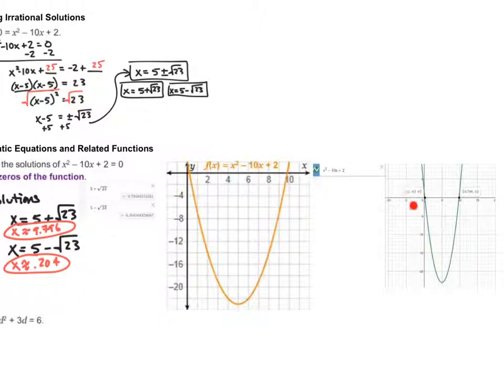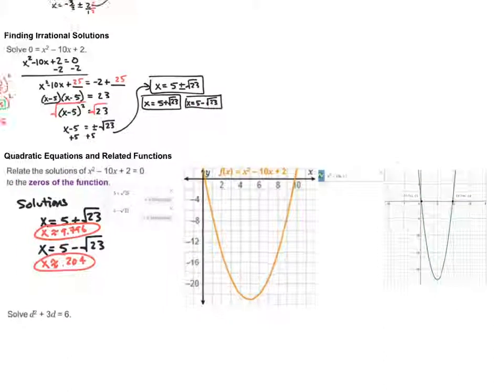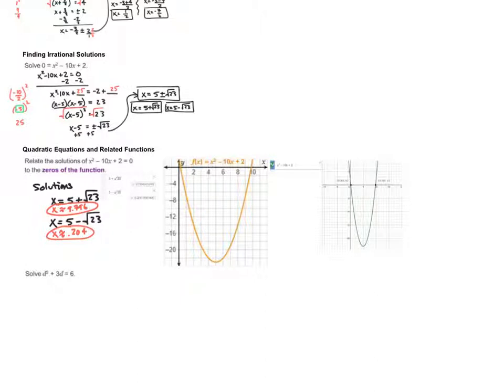We get 0.204 as our x value here when it crosses the x-axis. And the same thing over here, we get 9.796. So a lot of times it's easy to do, but when you have these irrational numbers as solutions, that's how you can check graphically as to what they are, all right?